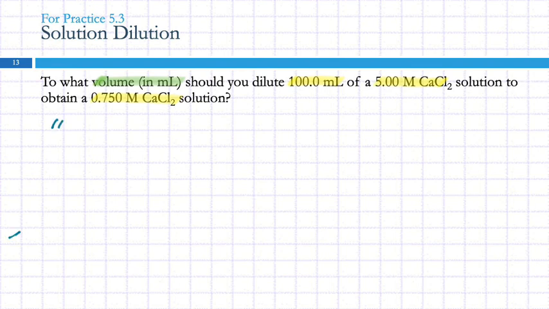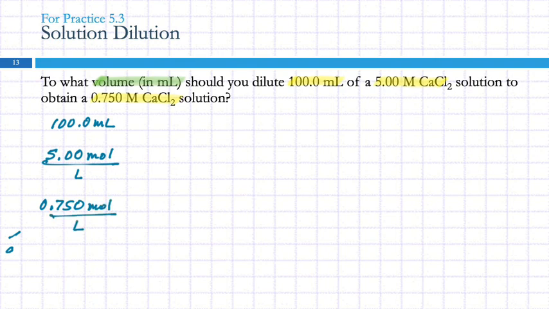So we've got 100 milliliters, and we have 5.00 moles per liter, and we have 0.750 moles per liter. Here's that magic word, dilute. We are diluting a solution.